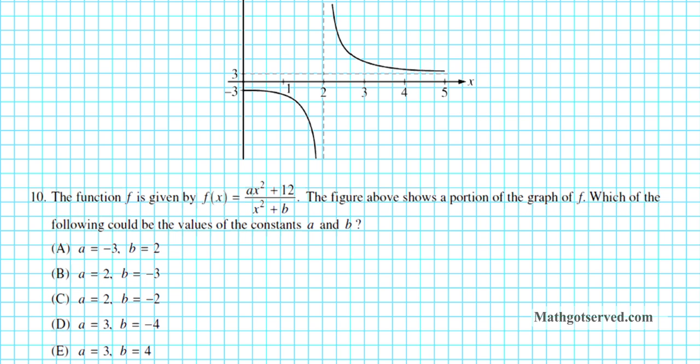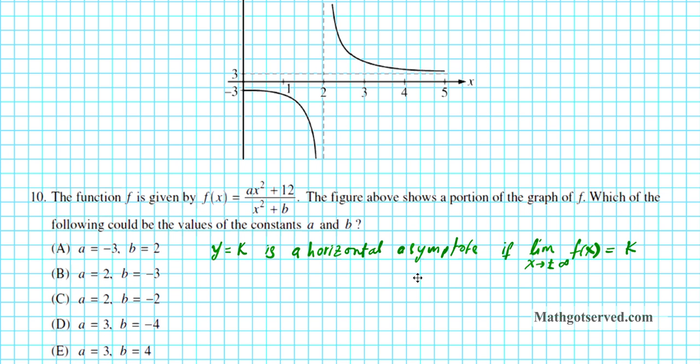All right, so let's start with the horizontal asymptotes first. So what do we know about horizontal asymptotes? Y is equal to, let's call it k, is a horizontal asymptote if the limit as x approaches plus or minus infinity of the function is equal to the value k.